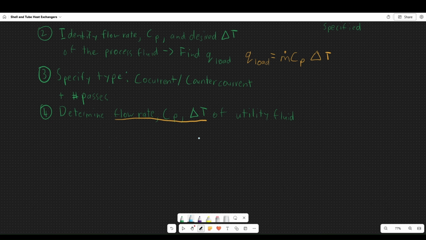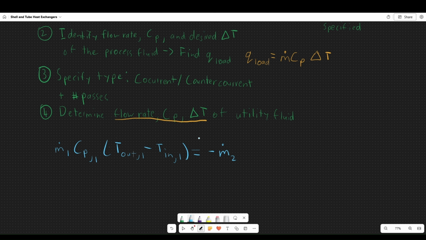And so what we do is an energy balance where we say M1, right? Let's consider the process fluid to be stream 1, CP1, and then we have T out 1 minus T in 1. And that's equivalent, as an energy balance, to the negative, because when energy leaves, it's negative.